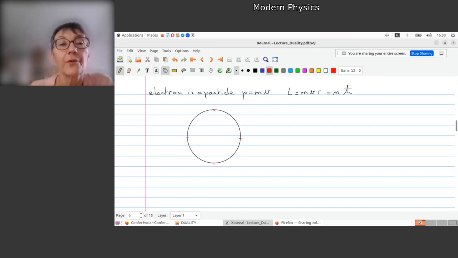So this is something you know from mechanics of oscillating ropes. If you put a linear rope, an elastic rope here, you can excite it with a vibration here.